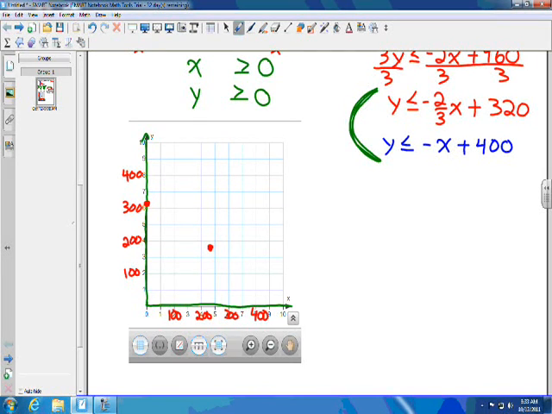Right in there somewhere. Another way to get them, though, is find your x and your y intercepts. We already did the y-intercept by making x 0. You can also make the y 0 and solve, find another point actually on your x-axis.